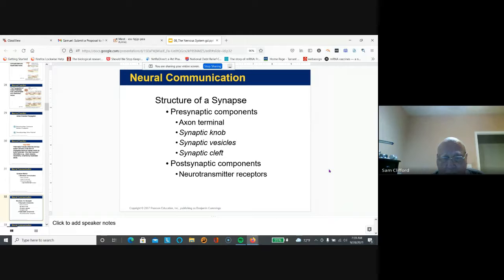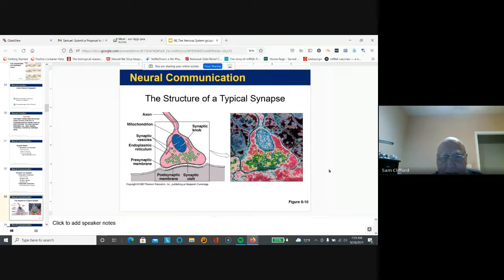So what does a synapse look like? We have an axon carrying a signal. When the signal gets to the end of the axon, called the synaptic knob, calcium moves in, and these vesicles contain neurotransmitters.